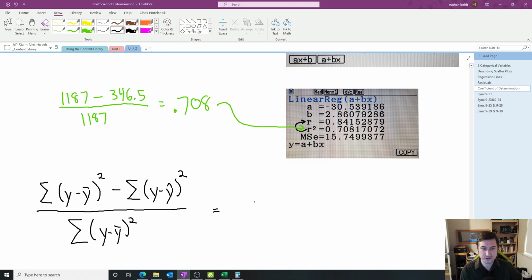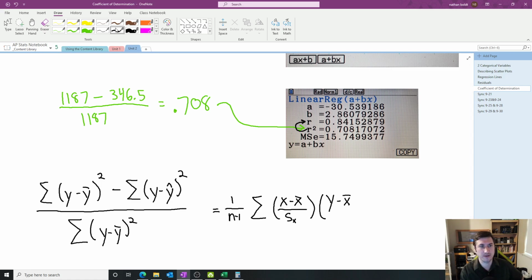The correlation was 1 over n minus 1 of the sum of the x z-scores times the y z-scores.